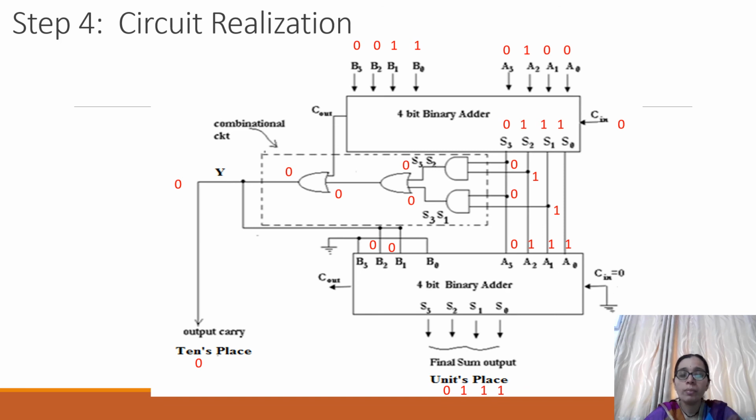And the final output will be 7. 4 plus 3 is 7. So here 3 is there, and here 4 is there, and the output is 7, and here 0 will be considered.